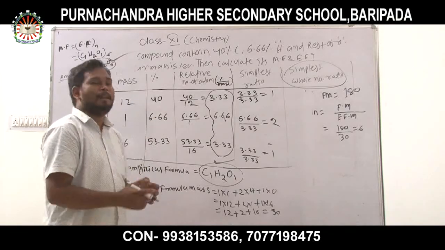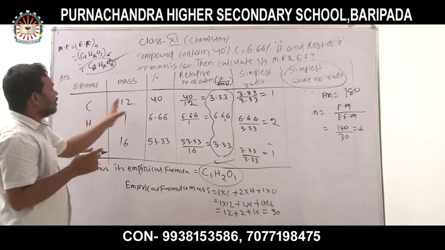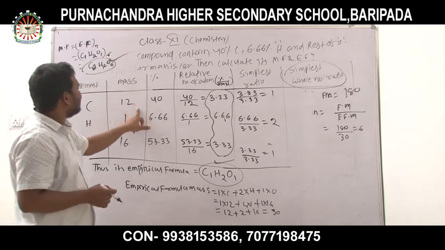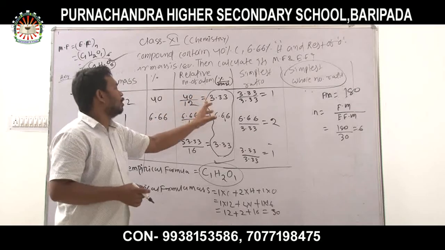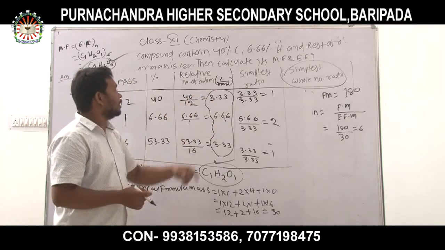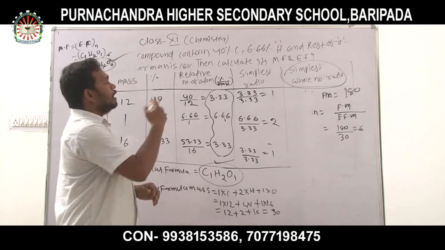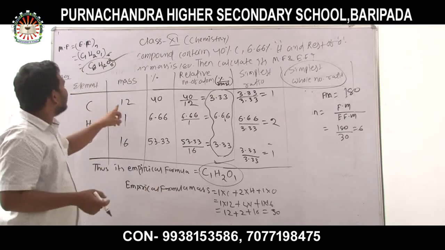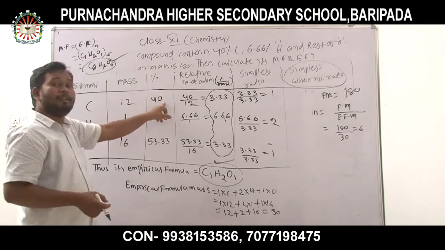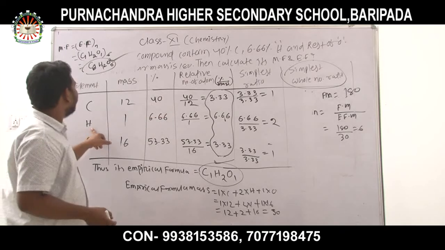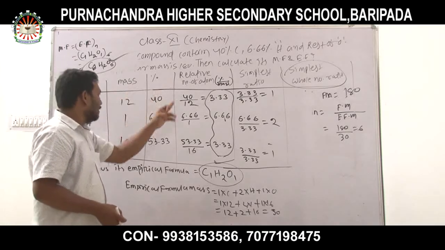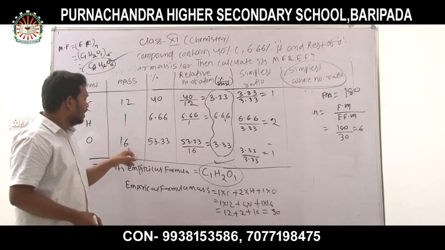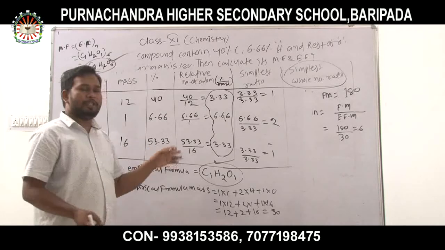For solving this problem, first draw a table: element, mass, percentage, relative number of atoms, then simplest ratio, then simplest whole number ratio. First element is carbon, its mass is 12 and percentage is 40%, given in the question. Hydrogen mass is 1, percentage 6.66. Oxygen mass is 16 and percentage 53.33, which can be calculated.